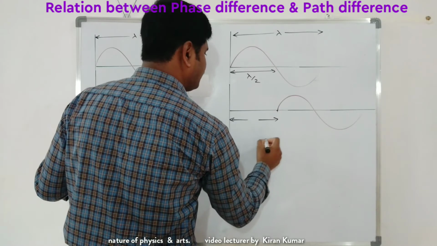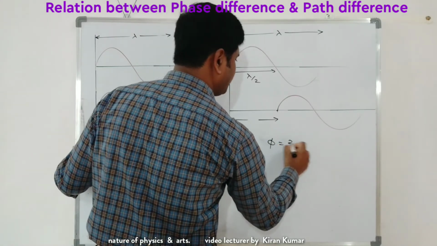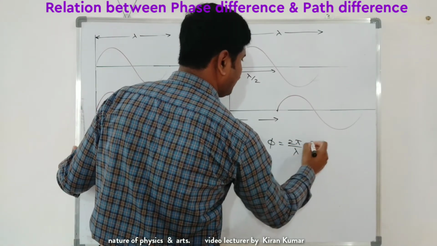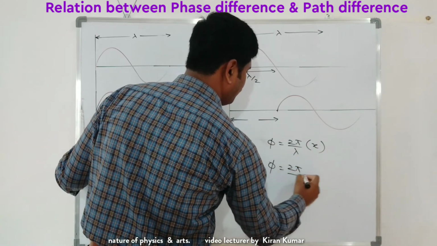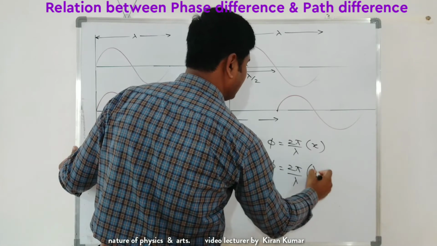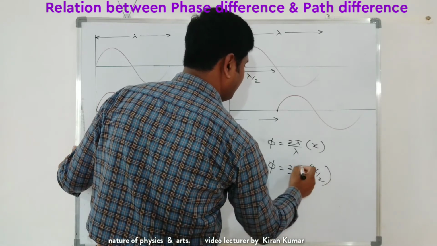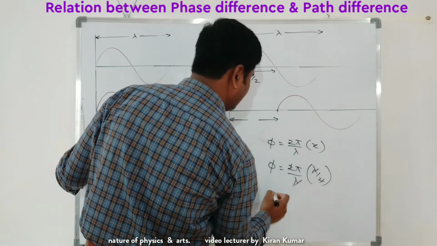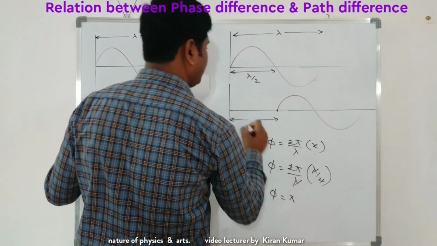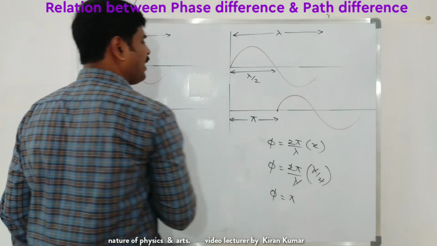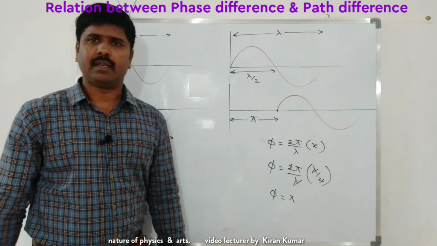See, the basic relation, phi is equal to 2 pi by lambda into x. Here phi is equal to 2 pi by lambda, x is lambda by 2. Lambda gets cancelled, 2 gets cancelled. Here we got phi is equal to pi. So here the phase difference is pi, that is 180 degrees.